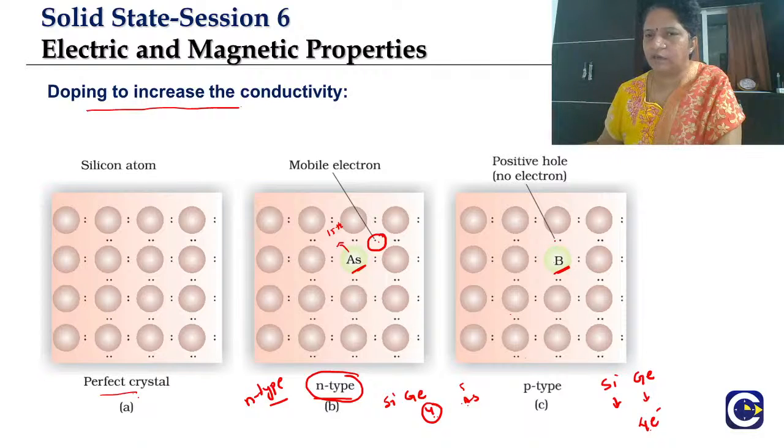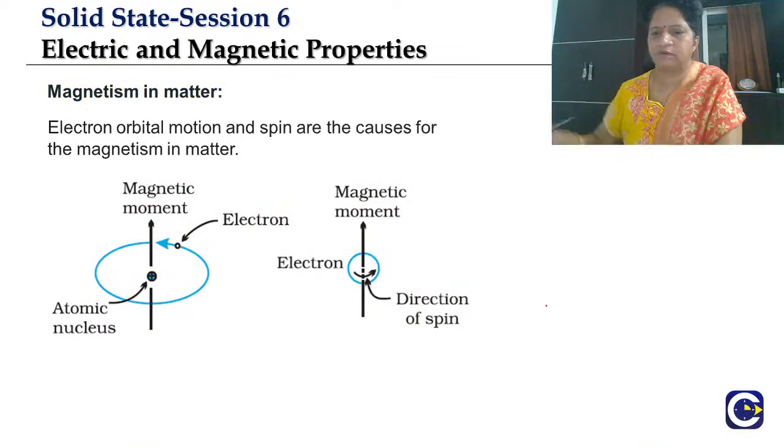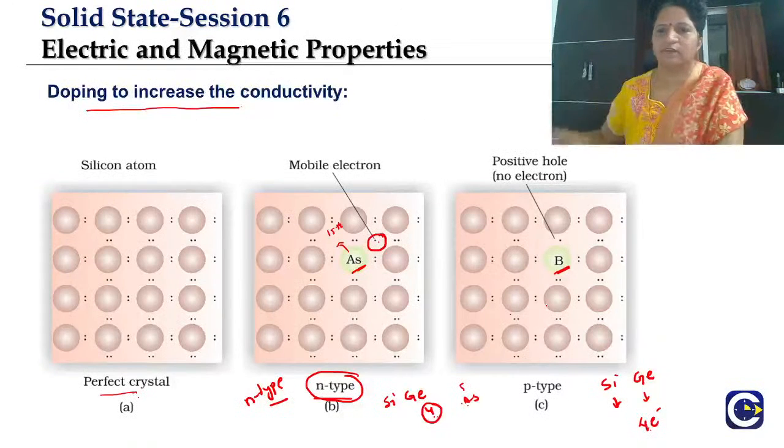So what happens, we will have a space in between. We call it a hole, positive hole. So when it moves from one atom to the other atom, the positive hole will move this side, and electrons will move in the opposite direction.